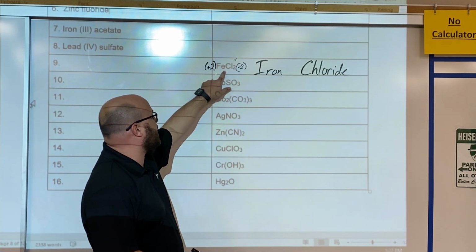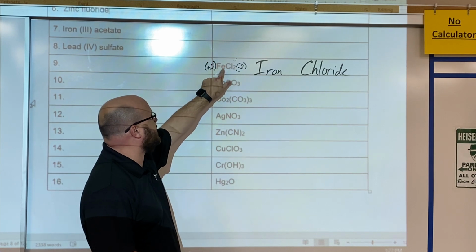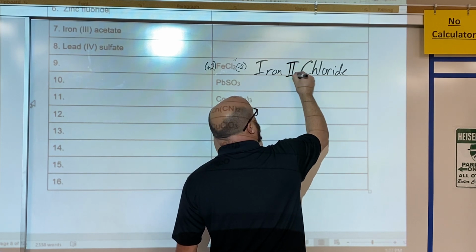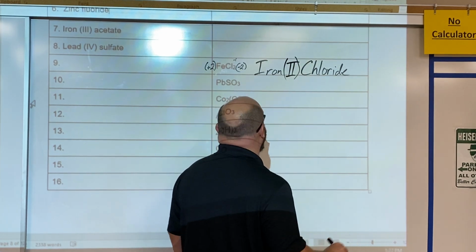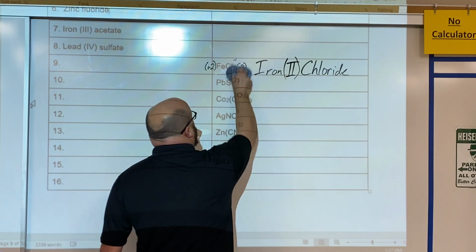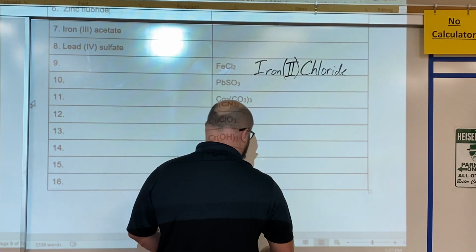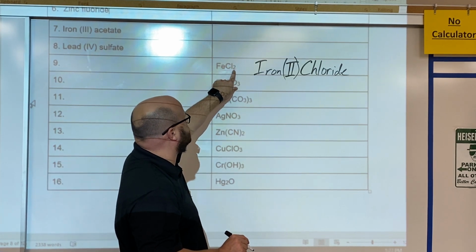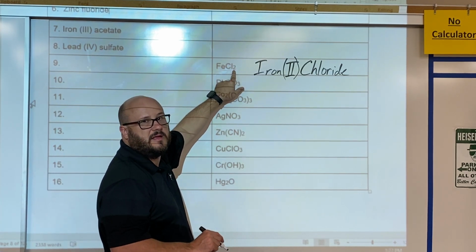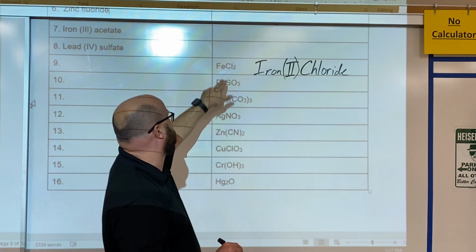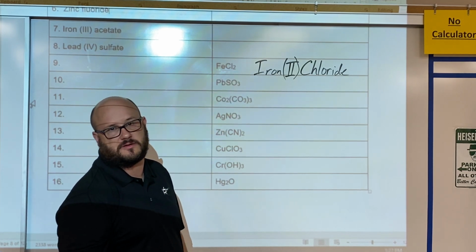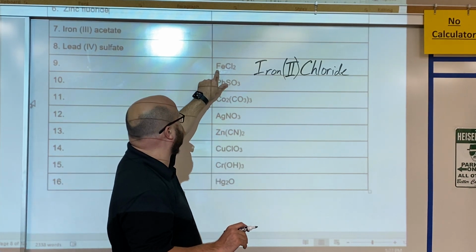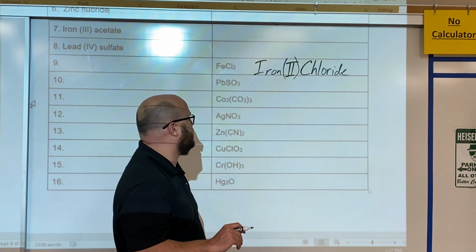We only have 1 iron to do so, so we know this iron has to be a +2. And we put that in parentheses. Now, one little trick you can get away with most of the time is to look at the subscript of the anion. That's generally going to match up to your charge for your cation, but not 100% of the time. So we can say iron 2 chloride.